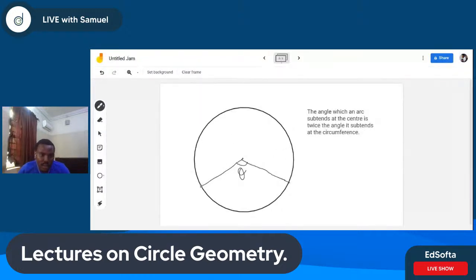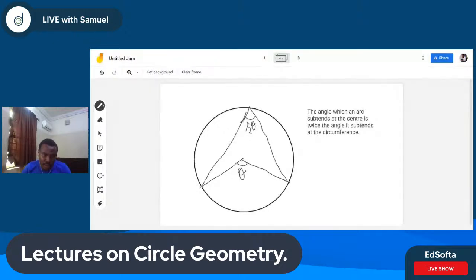So look at this. If you have this, so if this place is theta, what it means is that this place will be half theta. So if this place is theta, what it means is that this place will be half what?